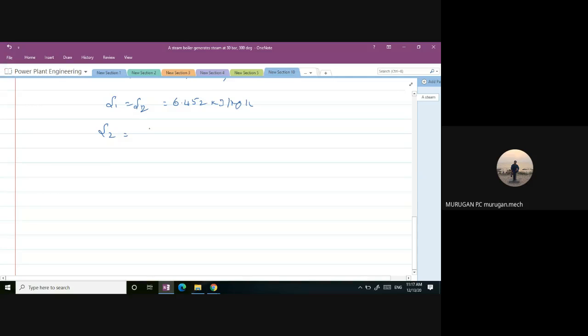And we have to find out the entropy, that is Sf2 plus X into Sfg2. From this condition, X2 can be calculated by S2 minus Sf2 divided by Sfg2. So that is equal to 6.542 minus 0.476 divided by 7.920.